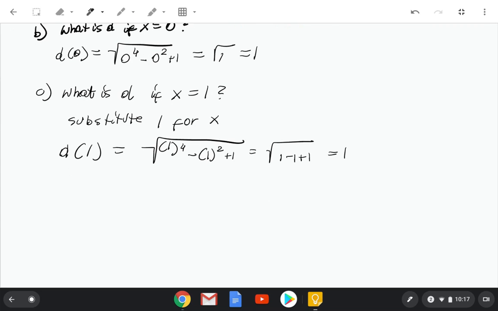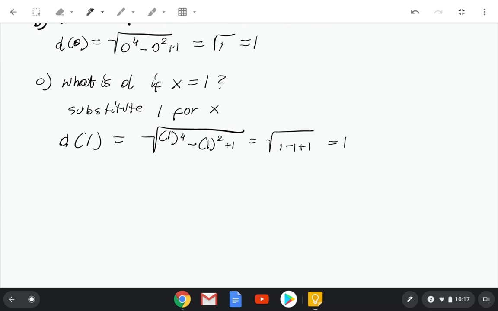And the last part, D, what is d if x is equal square root of 2 over 2? Okay, so the same idea, replace x with square root of 2 over 2.